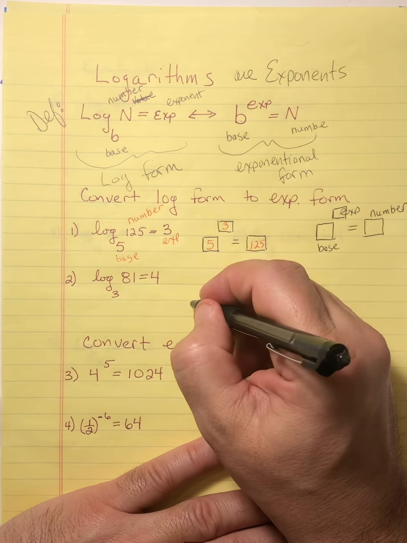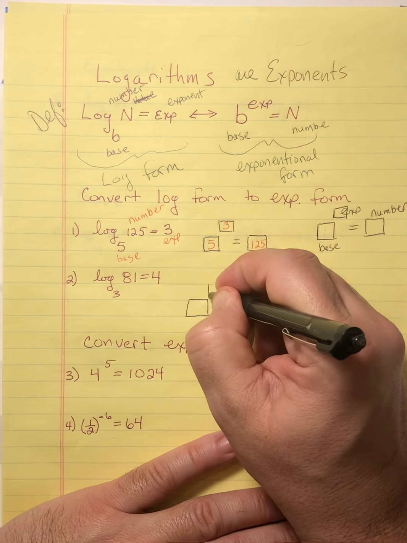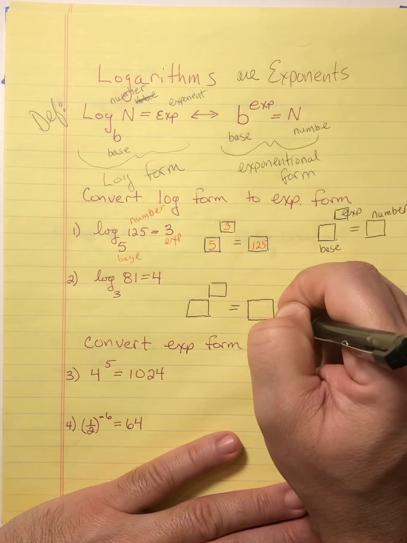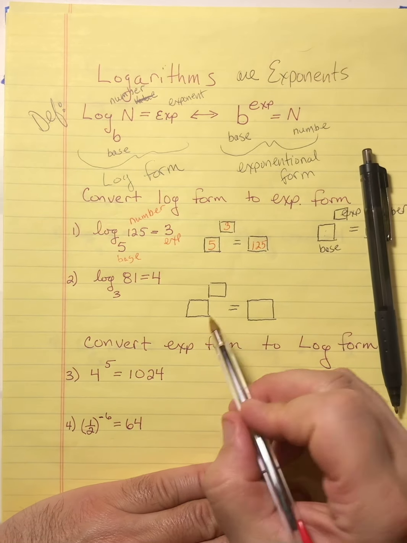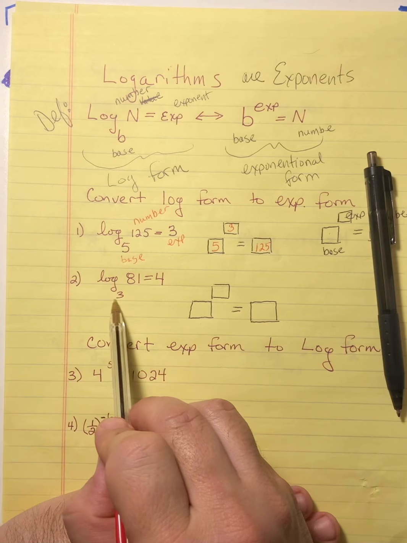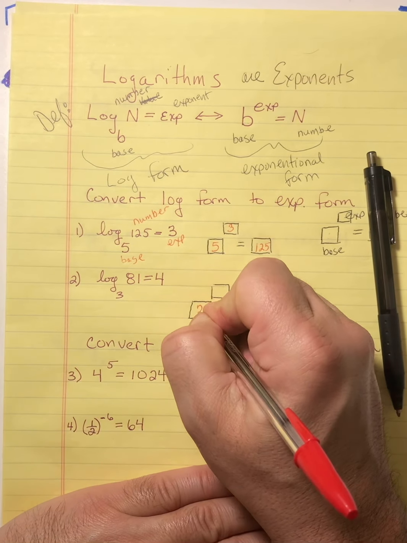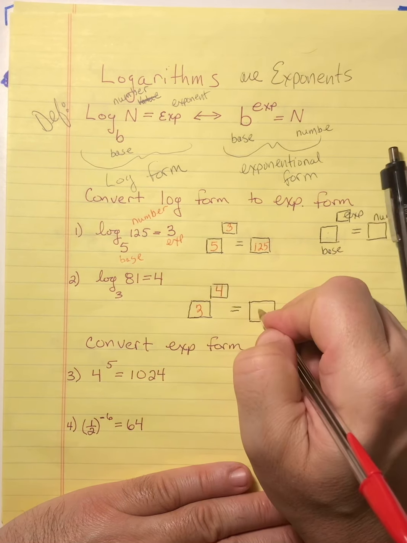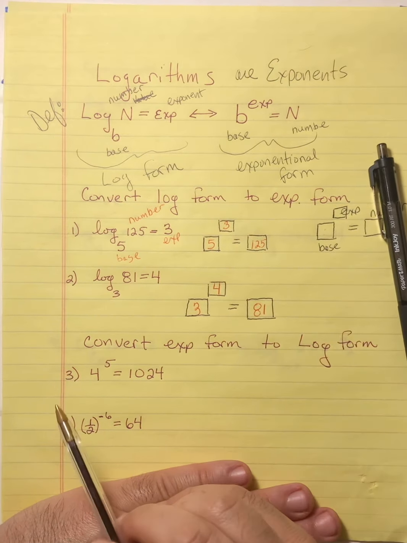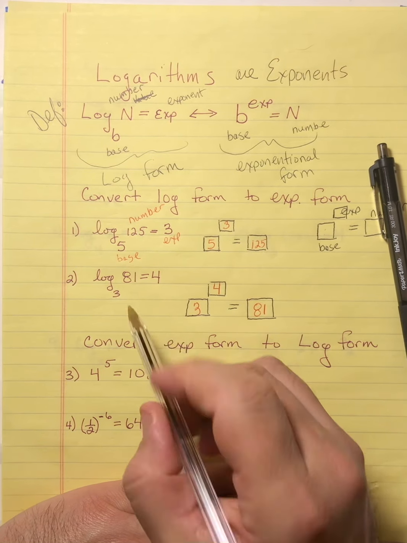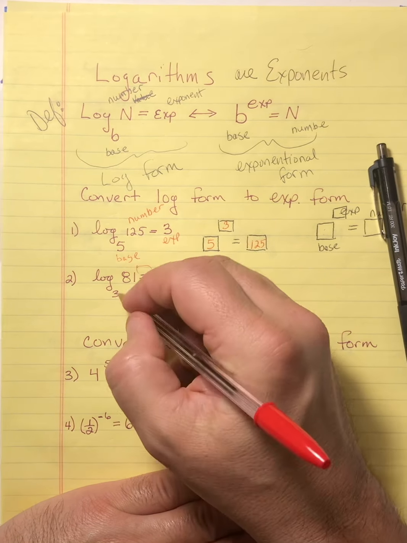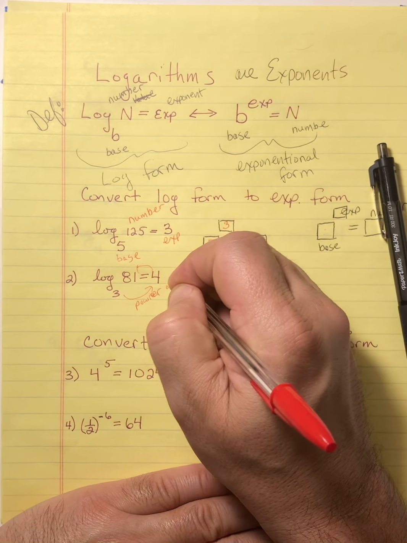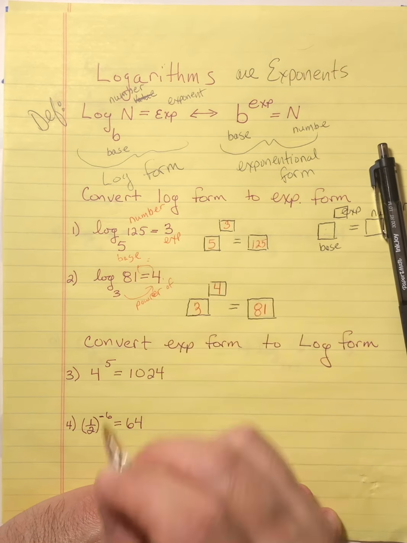I'll do another diagram. I'll make it a little bit bigger so it's easier for me to put numbers in. Here's the base. What's your base? That's right. 3 is the base, to the power of 4 equals 81. 3 to the power of 4 equals 81.